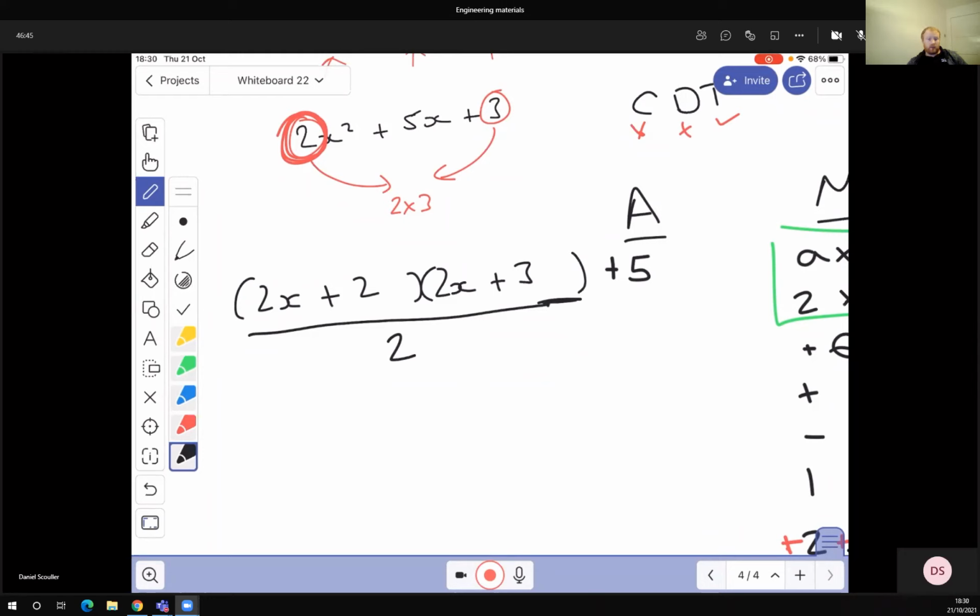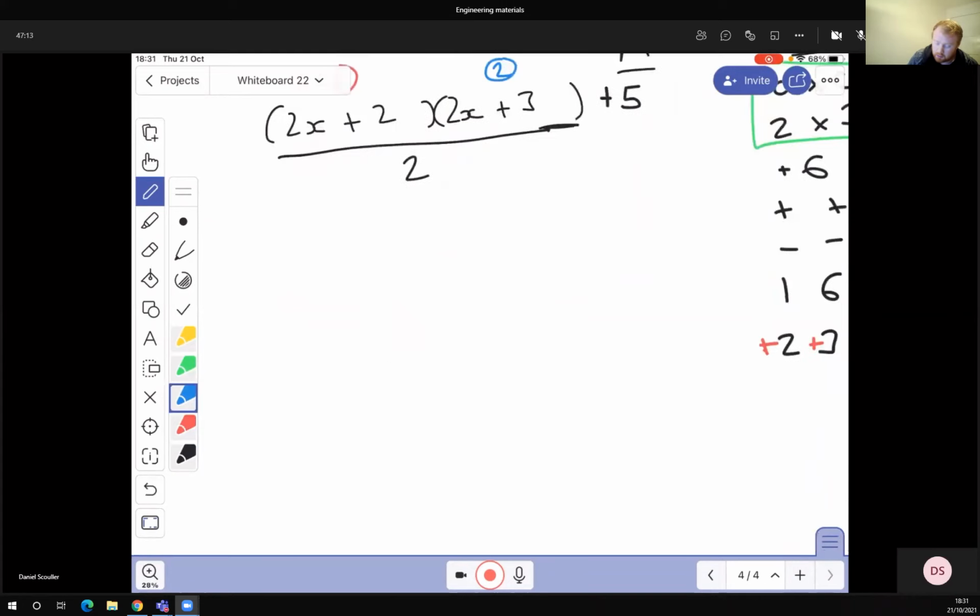Now that looks messy, so we want to take away that bottom 2. So we want to look for common factors within these brackets to try and pull out. That's sometimes quite difficult to see, but just follow the process. So we're looking for 2 on the outside effectively. Take these brackets separately. I'm going to call that bracket 1, and that bracket 2.